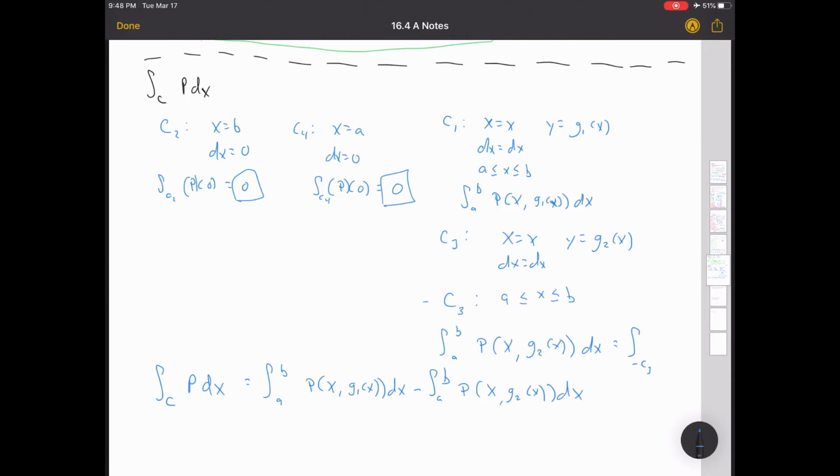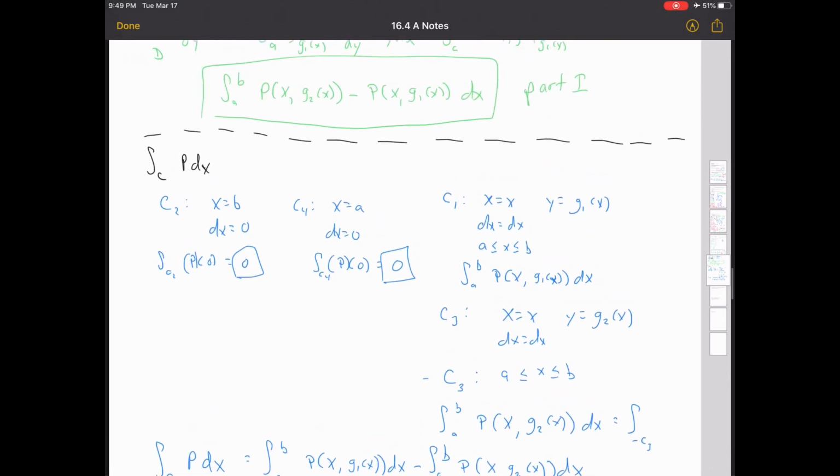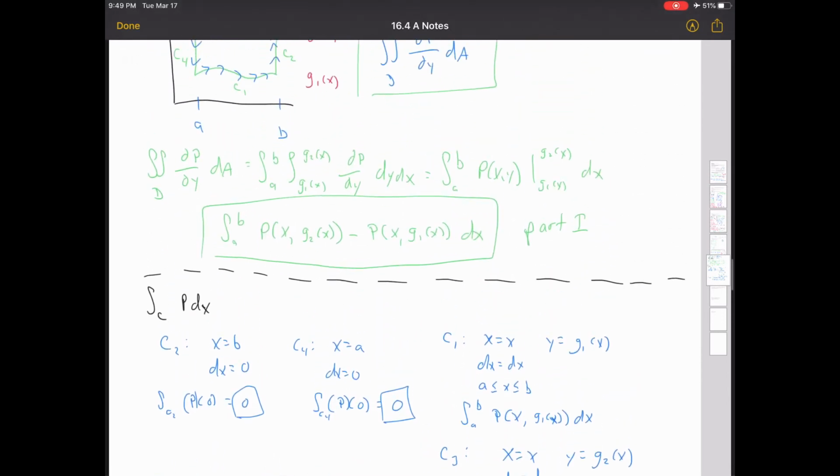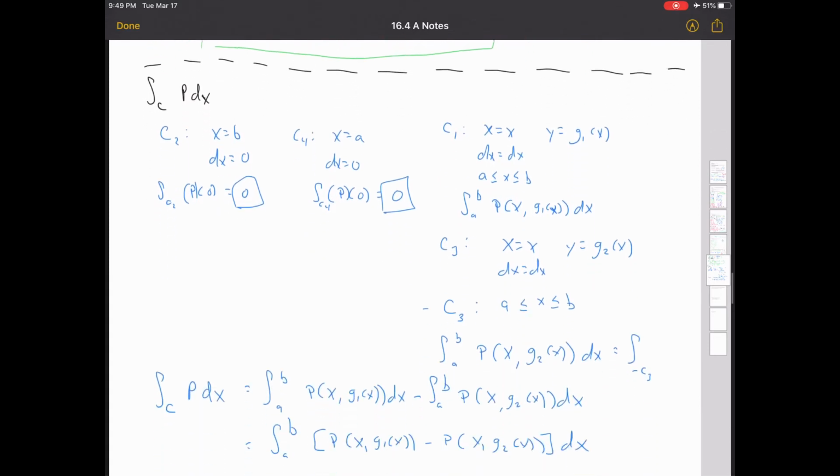And the reason that I wanted to do it that way is so that now I can combine these two integrals since the bounds are identical, which will be the integral from a to b of P of x, g1 of x minus P of x, g2 of x, dx. And what you should see is the line integral is exactly the same as the double integral that we just found above.